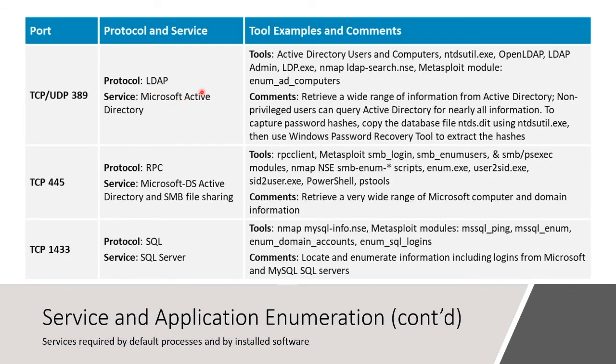For LDAP, for Microsoft Active Directory, just use Active Directory Users and Computers, or NTDSUtil, or OpenLDAP, or LDAP Admin, or LDP, and additional modules, just to query the Active Directory database for everything. Or for 445, rpcclient, and then a bunch of scripts, PowerShell, PsTools, user2sid, sid2user, enum. For SQL, maybe there's a SQL server. There's Nmap, there's Metasploit modules, and other SQL querying tools.